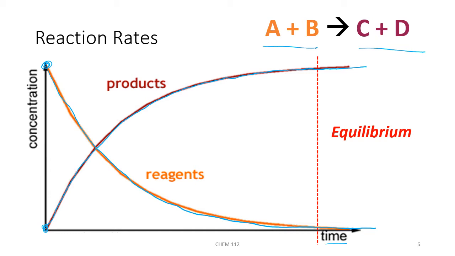Chemical equilibrium is where the rate of the forward reaction is equal to the rate of the reverse reaction. At this point, because the rates are equal of A and B forming C and D possibly going back and forming A and B, there's no overall change in the concentration at that point. We'll spend time looking at chemical equilibrium in depth in the chapters following kinetics.